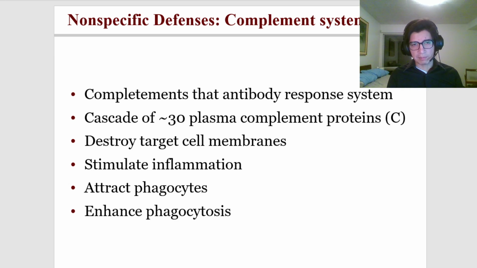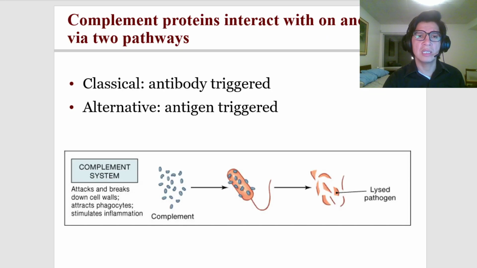So let's talk about the complement system. Its goal is to destroy cell membranes, and it also stimulates inflammation, attracts phagocytes, and enhances phagocytosis. It's made by a cascade of about 30 proteins, and we're going to see two pathways for how this occurs: the classical and the alternative. The classical is antibody triggered.